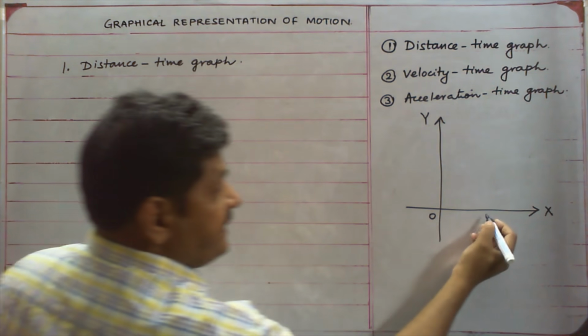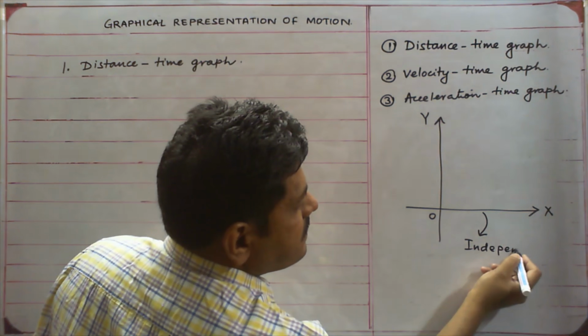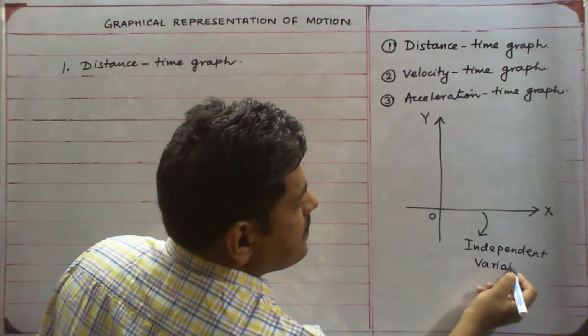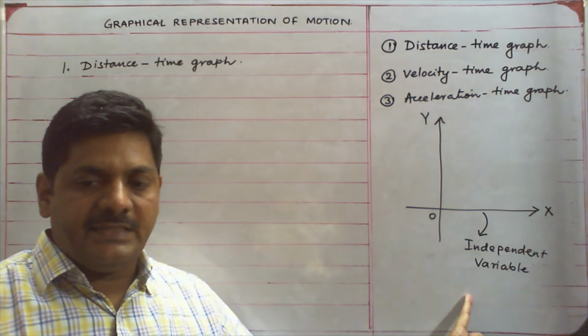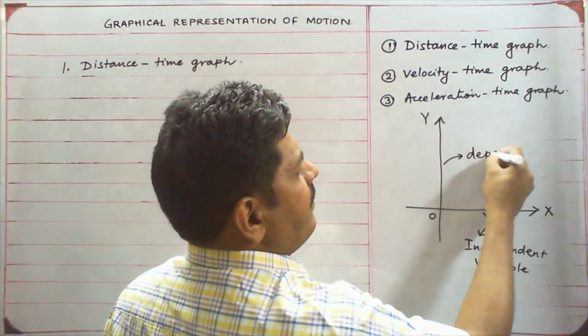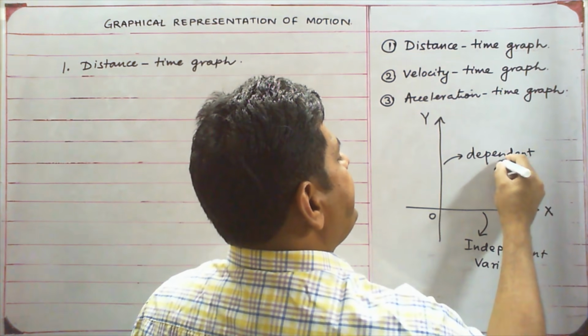What is taken on the x-axis? We always take the independent variable on the x-axis, and on the y-axis we take the dependent variable.